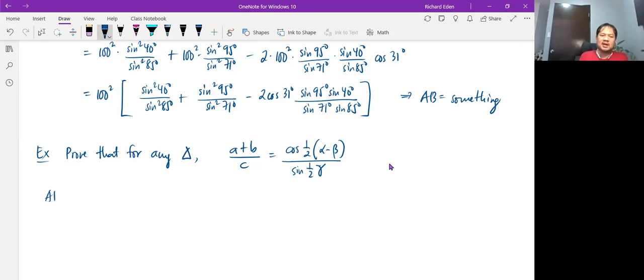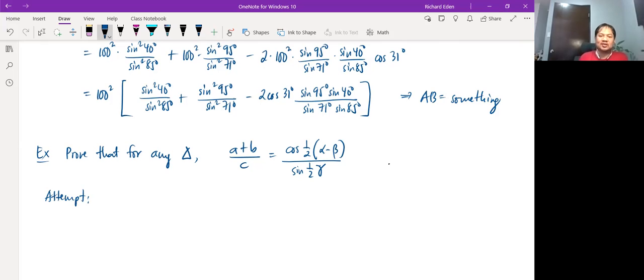Here's my attempt. I look at the left side, and it's all in terms of the sides. So convert all to angles. On the right side, it's all angles, so do the conversion. Either the left, (a + b) over c, convert to angles, or the right, convert to sides.